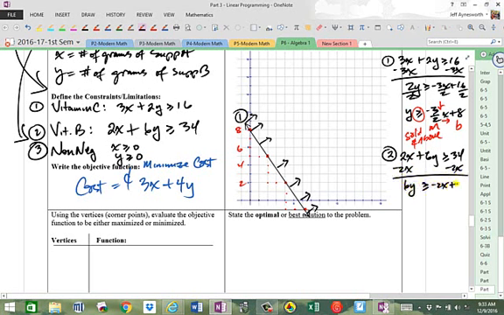Divide everything through by 6. So y is greater than or equal to negative 1/3 x. You have to simplify your fraction. 6 divides into 34 5 times with 4 remaining, so it's 5 4/6. Now 5 4/6 is 5 2/3.